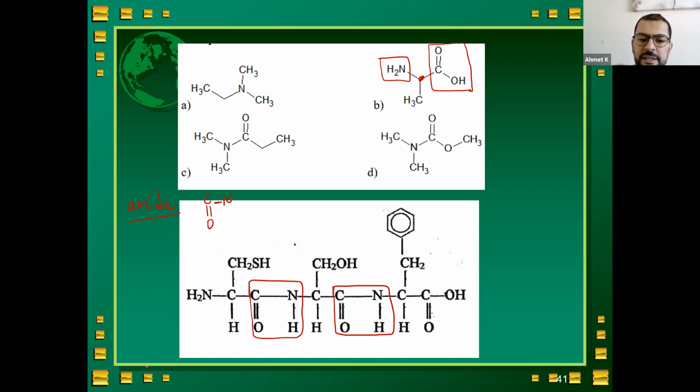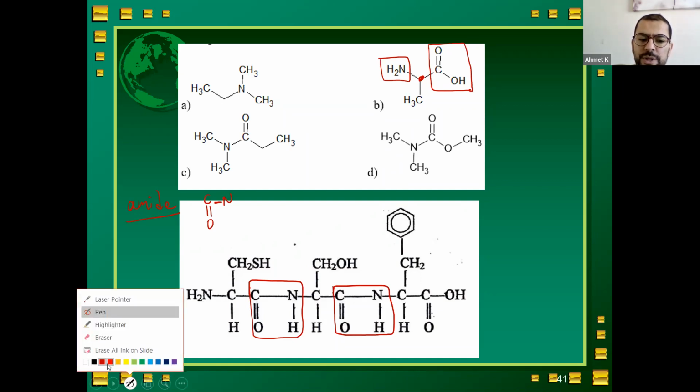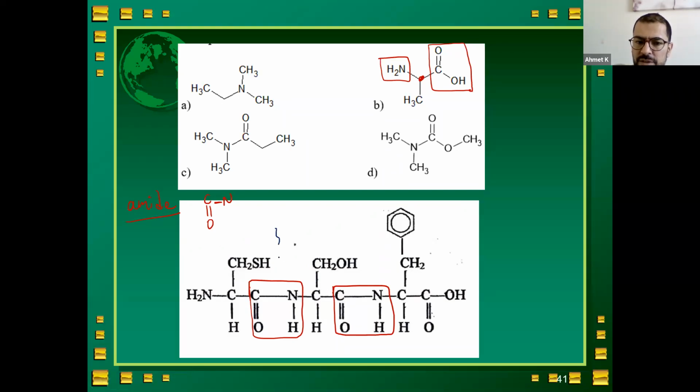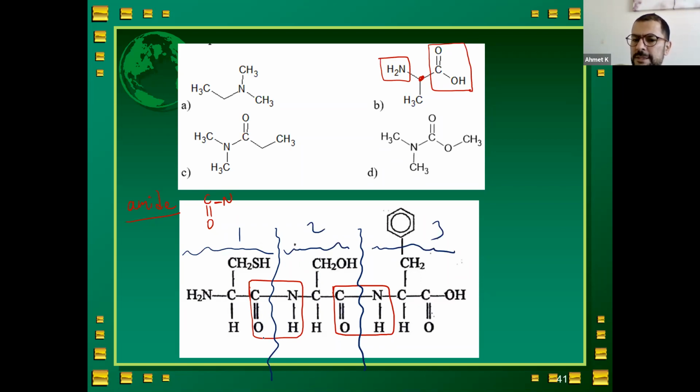So it means you have to break up these amino acids from here, like that. This is 1, and this is 2. Therefore, this must be your first amino acid, this must be your second amino acid, and this must be your third amino acid. Make sense?